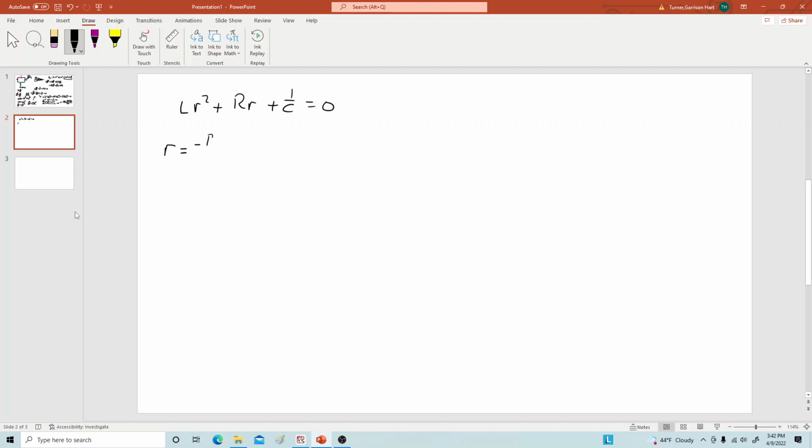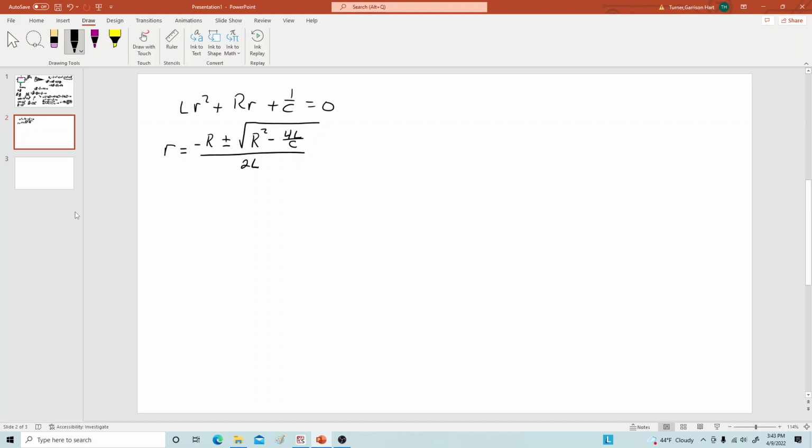negative the resistance plus or minus the square root of the resistance squared minus 4 times a times c, but this is 1 over the capacitance, all over 2a, or all over 2l.